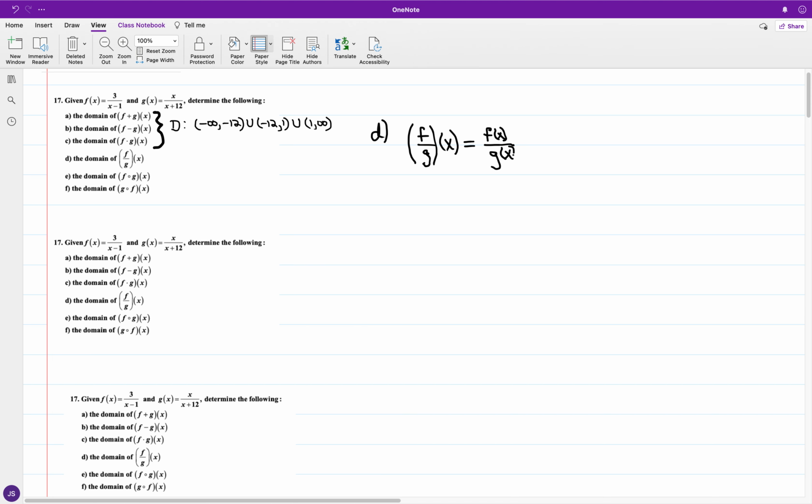With the sum, difference, and product functions, the domain is on the basis of the combined restrictions for f of x and g of x. You're still going to be combining the restrictions for the quotient function, but you still might have yet another restriction once we get to the end result for the quotient function.